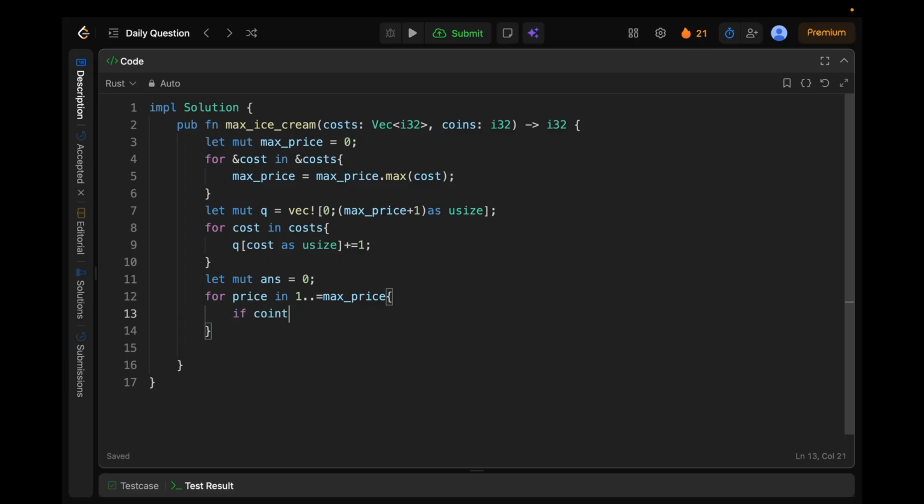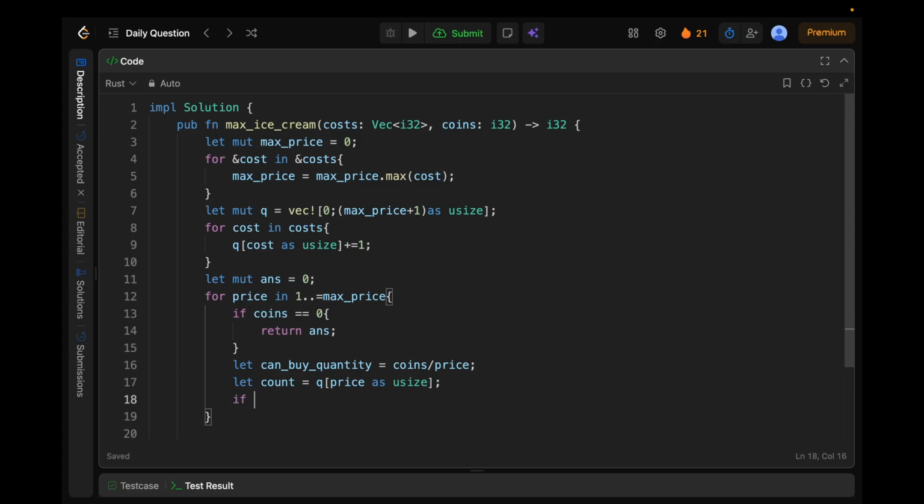If my coins is 0, in that case I simply return my answer. Otherwise I say can buy quantity is equal to the coins divided by the price, that is the iterator, and let my count be the quantity of price.